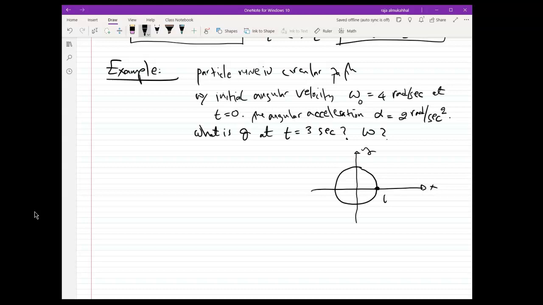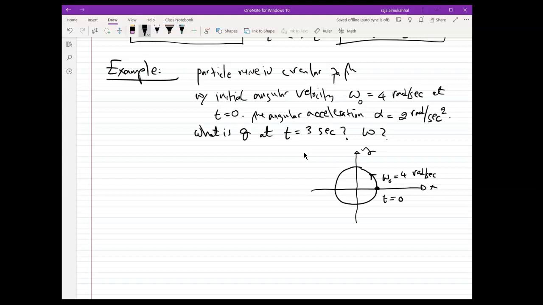So this is at t equals 0, and the initial angular velocity is 4 here, okay? And the particle is moving like this. And after 3 seconds, what is the angle here? You see what I'm saying? So what is the angle after 3 seconds?